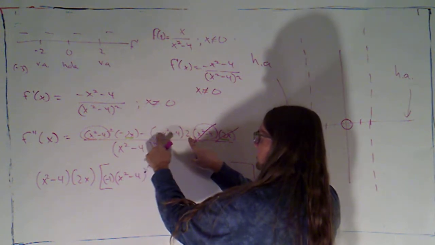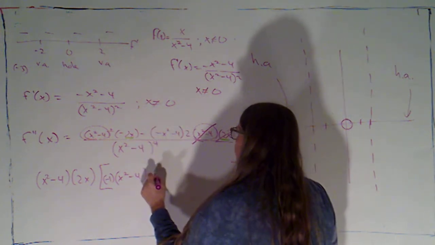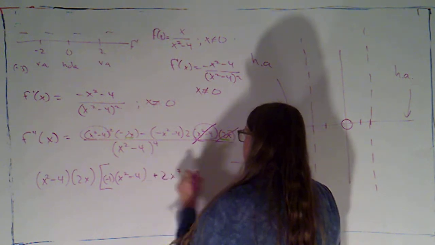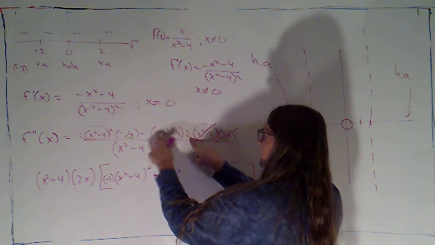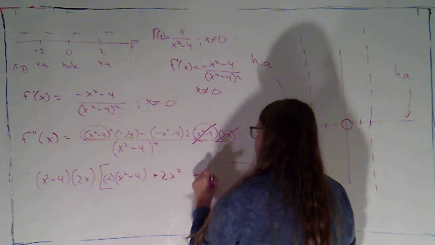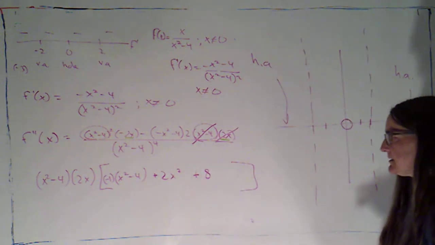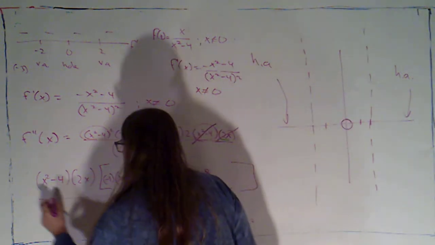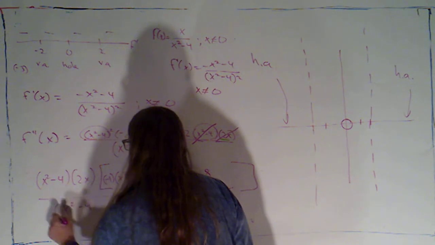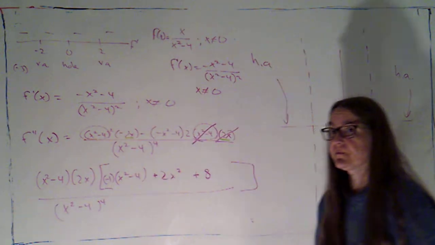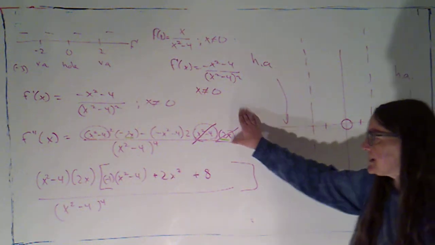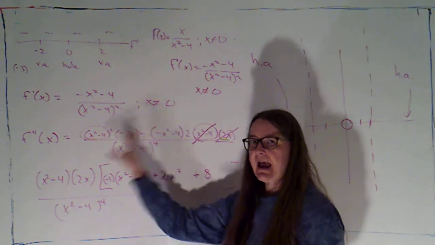So negative 2 times negative x squared is going to be plus 2x squared. Negative 2 times negative 4 is going to be plus 8. All over x squared minus 4 to the 4th. Okay. Would have been pretty tedious to multiply all of this out.